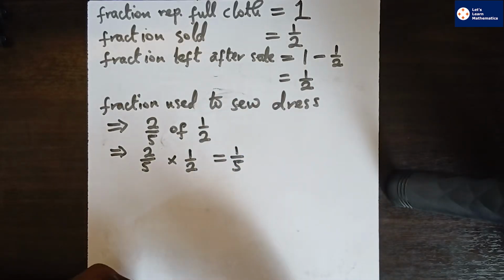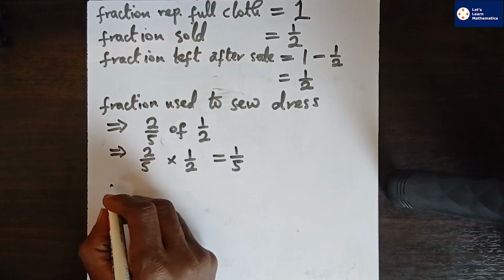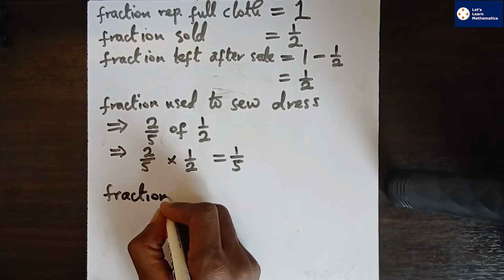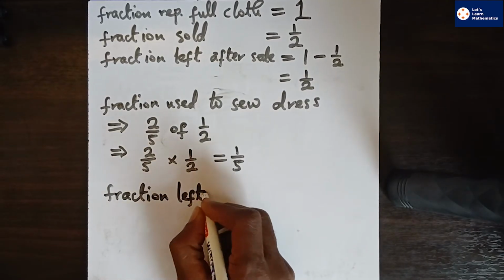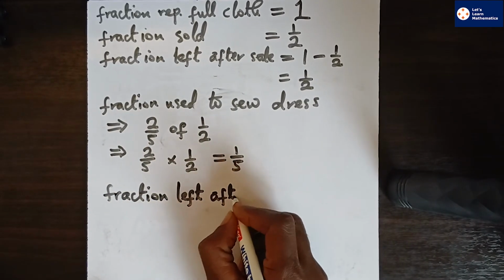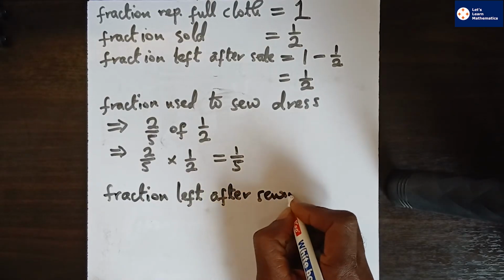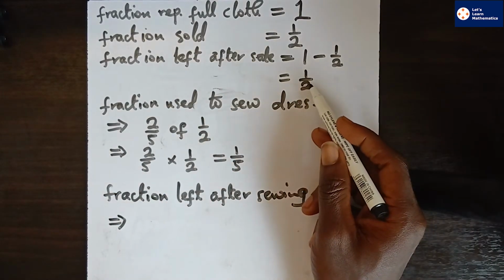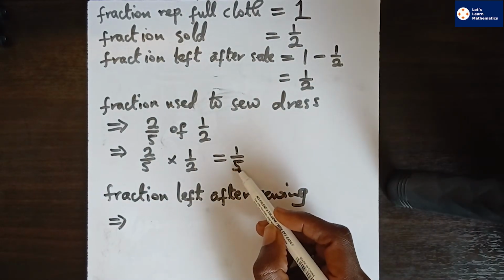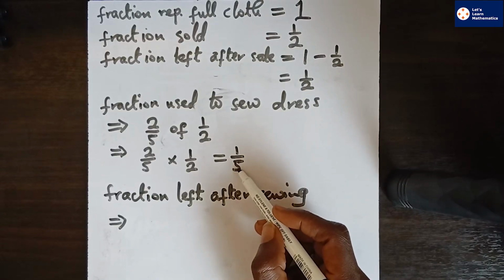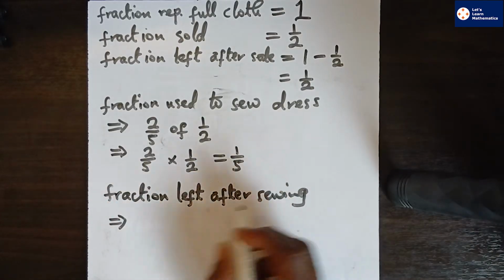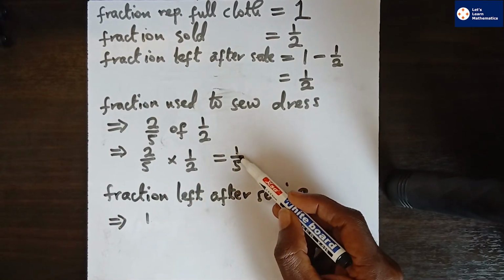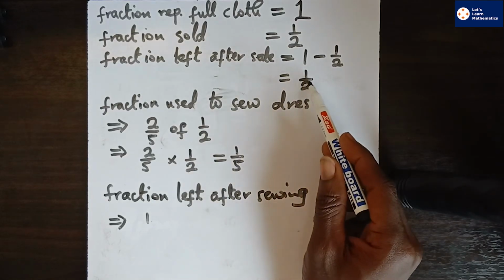So if we want to get the fraction that is left after sewing the dress, the fraction left after sewing, this was what was remaining, and he used this to sew the dress. So to get the fraction that will be remaining, we have to subtract what was used to sew the dress from what was remaining.